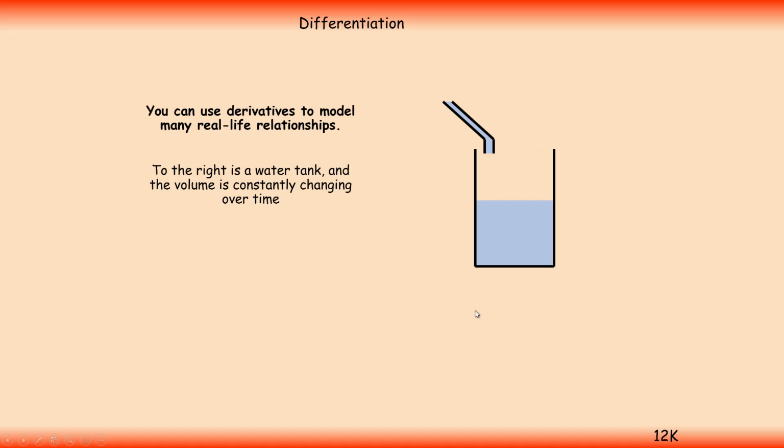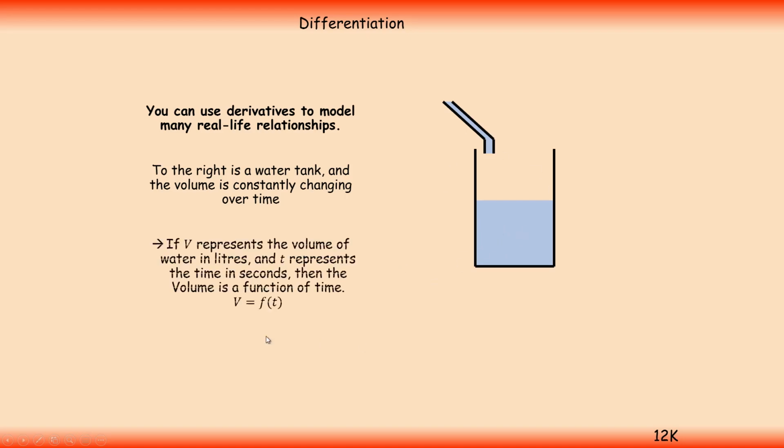So we've got this water tank, and you can see it's going to be filled with water. So the volume of water in this tank is going to change over time. So what we can say is that the volume is a function of time. So V is a function of t.